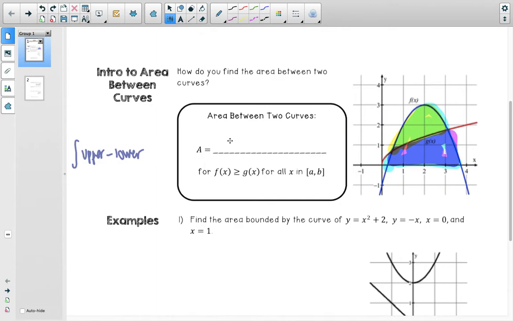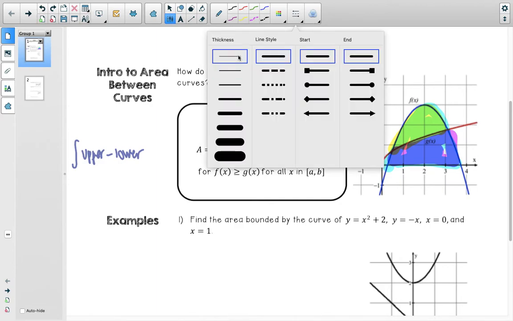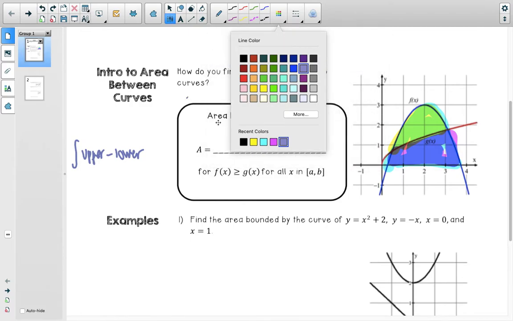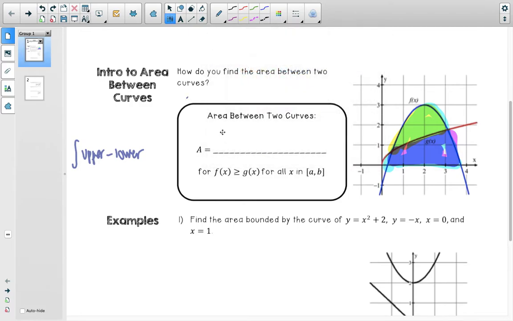So the rule is written as: the area is the integral from the lower bound to the upper bound. So I'm going to call this A and this B. And it's going to be f of x minus g of x, and we're integrating with respect to x.